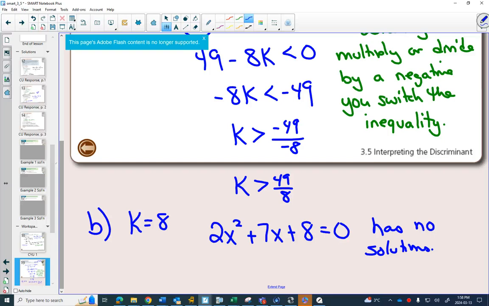I think you do. Right? If I check, do a quick check. B squared minus 4 times A times C, what's that equal to? 49 minus 64, negative 15. Perfect. No solutions.